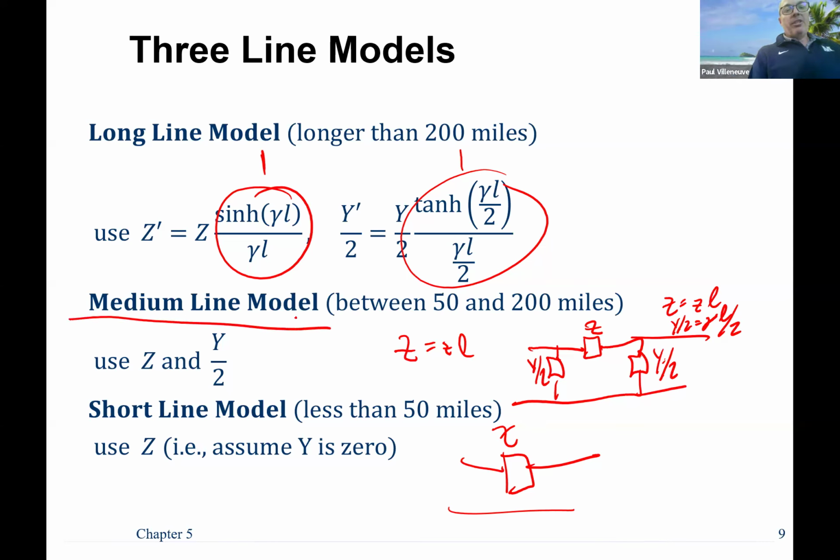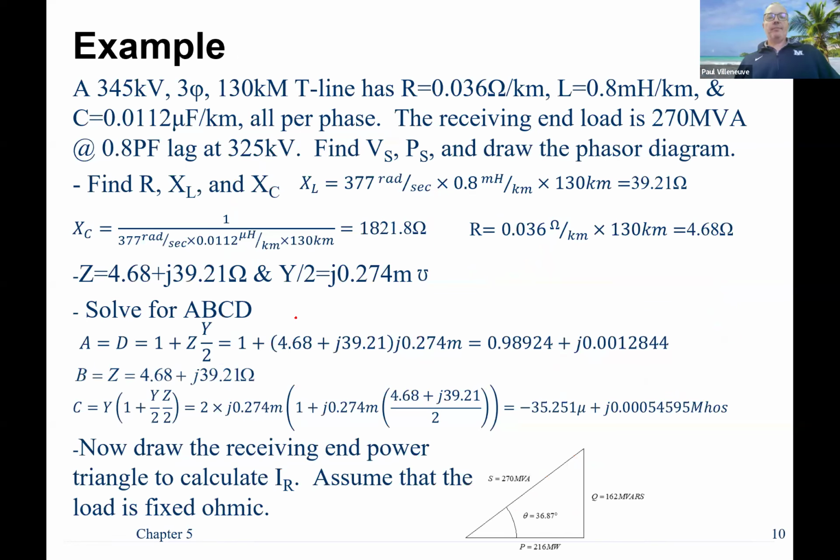Every system that I've had, we've always used a medium length line. Even if it's a short line, you would use the medium line model. So the suggestion is, unless you need real high accuracy, go ahead and use the medium line parameters. If you aren't given y/2 as a value, then go ahead and use the short line model. Okay? That's typically what you would see in industry.